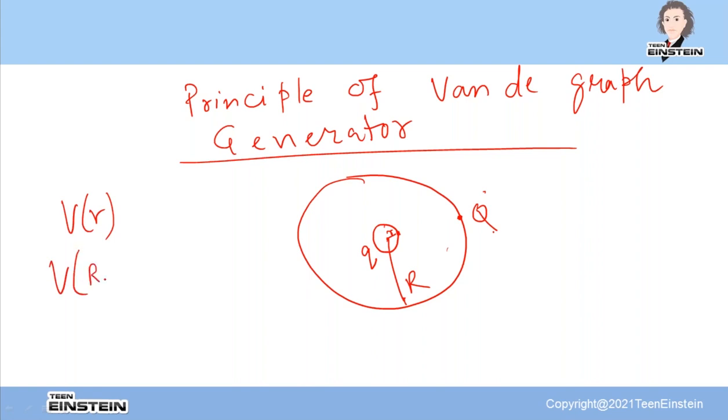So what is the potential at P? The potential at P will be the potential due to this small sphere itself, which is small q by 4 pi epsilon naught small r, plus the potential due to the capital spherical cell itself, which is the same everywhere: Q by 4 pi epsilon naught capital R. Do you agree with me or not? You have to agree. Okay. So now another point.